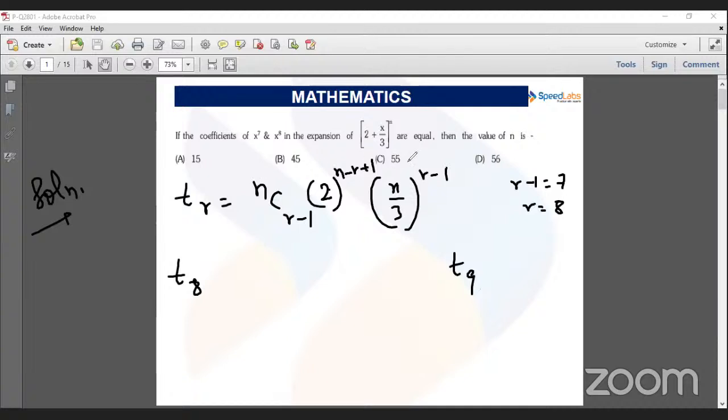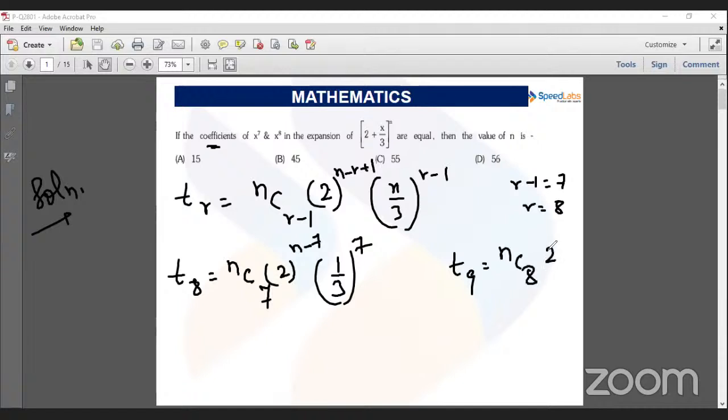Their coefficients are equal. So T8 is, except the x term because we need the coefficient, nC7 2 power (n-8+1), that is n minus 7, into 1 by 3 power 7. And T9 would be nC8 2 power (n-8) and 1 by 3 power 8, and they are equal.